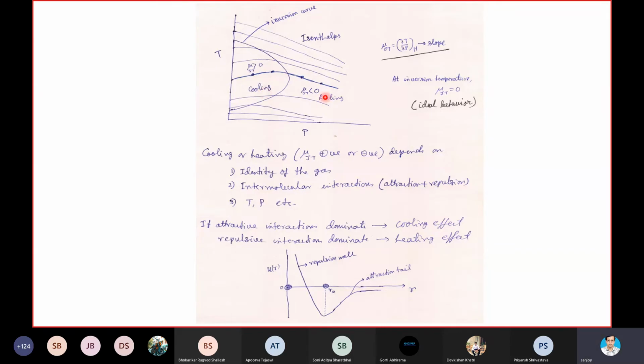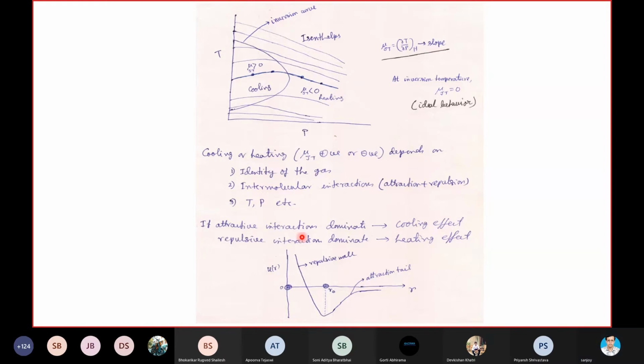This inversion curve connects all those points where the slope is 0, so it runs through all the points of the isenthalps that we have shown here. When the slope changes from negative to positive, at that point the slope is 0. Slope 0 means at the inversion temperature mu JT equals 0. That means the gas is showing ideal behavior.